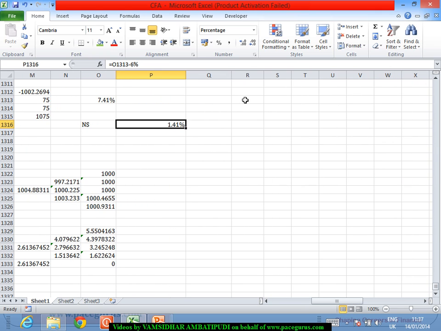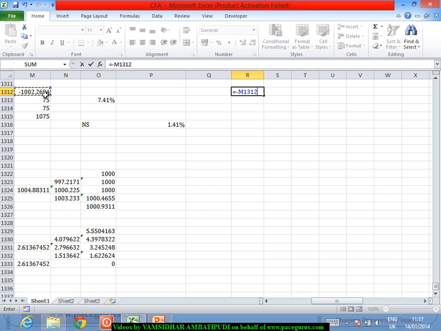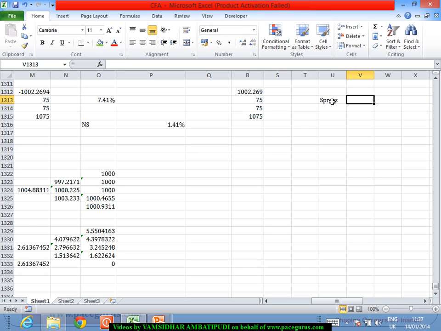Let's say that my purchase price is still 1002.26, whereas the cash flows that I am going to get are 75, 75 and 1075. Now in that case, I'll assume that this is the spread.